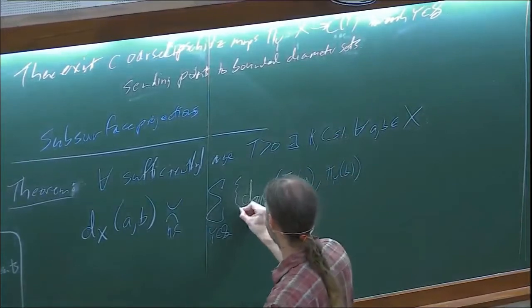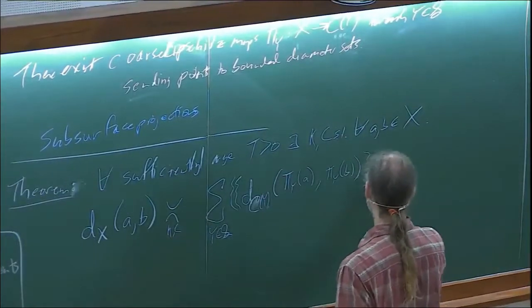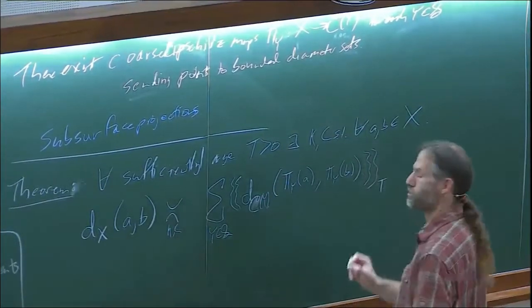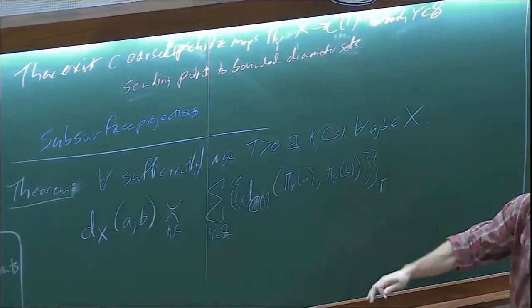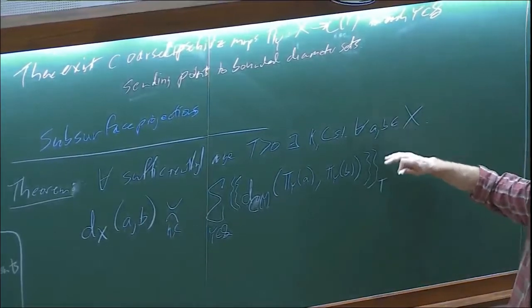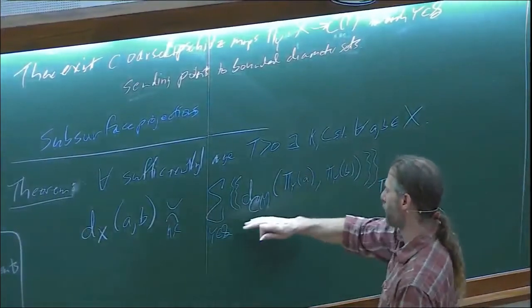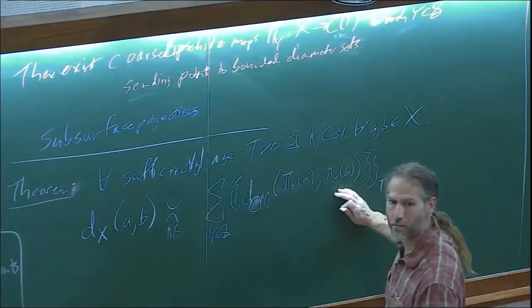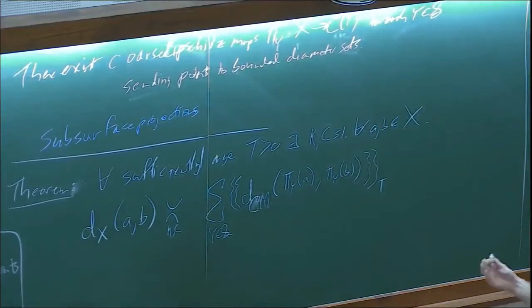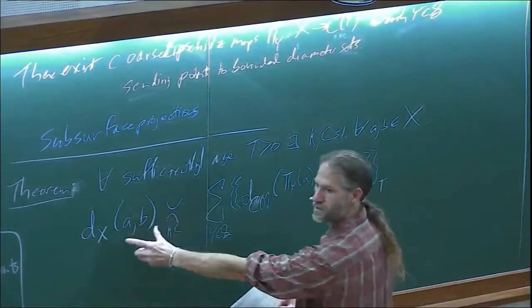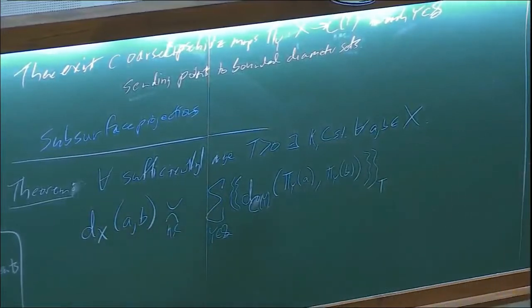And so what you need to do is add these little curly braces and threshold at t. So you throw out all the distances less than this bound t, and when you've done that, it turns out a posteriori that this is only a finite sum, even though it seems like it should be an infinite sum. Only finitely many terms are non-zero, and that uniformly estimates the distance between these pairs of points.